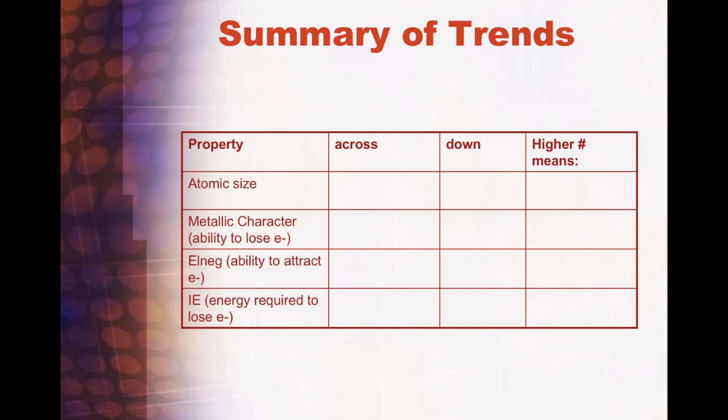Okay, so now we're going to summarize the trends in electronegativity. Atomic size is simply the diameter of the atom, which depends on the diameter of the electron shell. Remember, the nucleus is really, really tiny and takes up hardly any space at all, so the atom is mostly the electron shell.